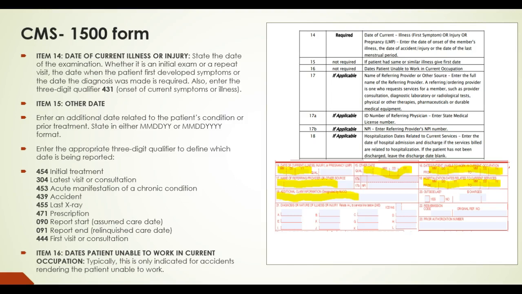For example, if a patient had a work-related accident or an automobile accident, they got put in the hospital, but they're coming up for their follow-up visit, then you would enter their hospital dates so that the doctor or the insurance company knows that, yes, they were in the hospital and this is why they're back in the doctor's office. All right.